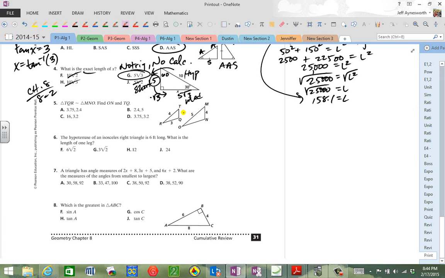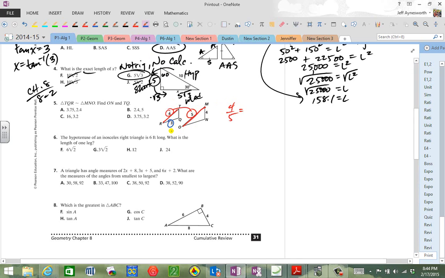So let's understand first of all that RT and is, or the ratio of 4 to 5, is equal to or proportional to 3 to ON. So cross multiply. So 4 times ON is equal to 15. Divided by 4.